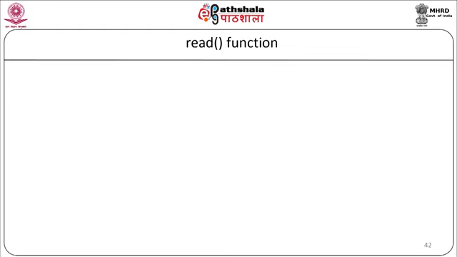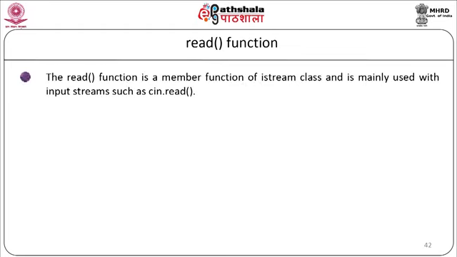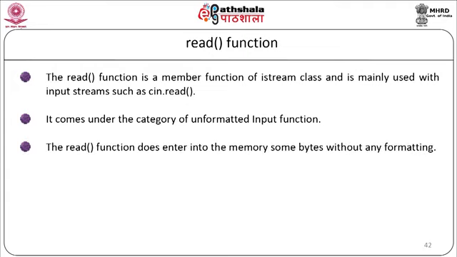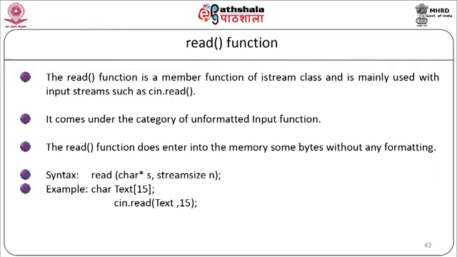Now let's see the read function. The read function is a member function of the istream class and is mainly used with input streams such as cin.read. It comes under the category of unformatted input functions. The read function enters into memory some bytes without any formatting. The syntax is read(char *s, streamsize n); The example, char text[15], which is a character array, cin.read(text, 15).